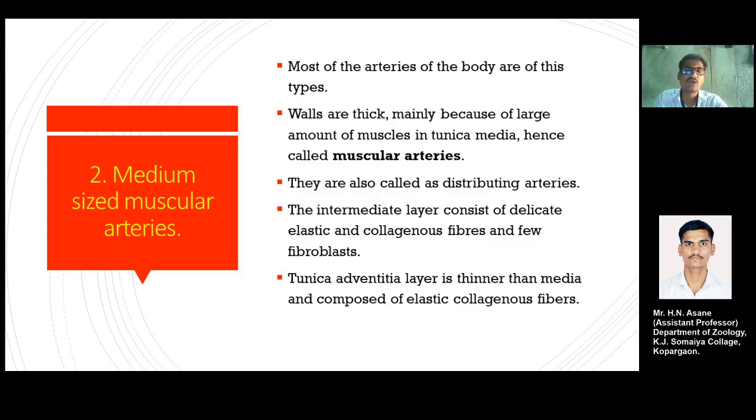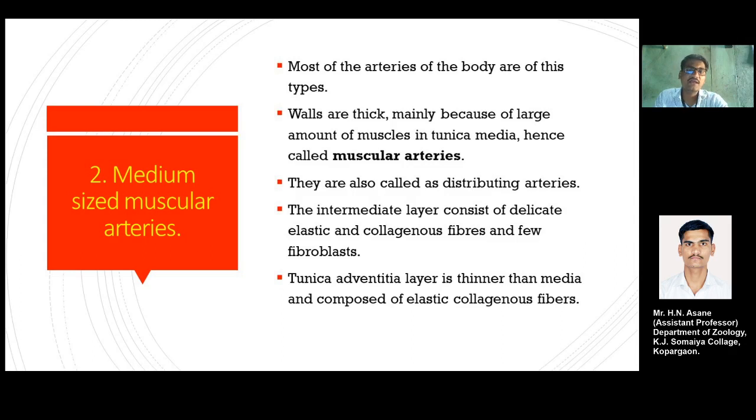And they are also called distributing arteries because they distribute blood taken from the elastic arteries and give it to the arterioles, finer than hair, which pass the blood supply to the cells. So they are known as distributing arteries.